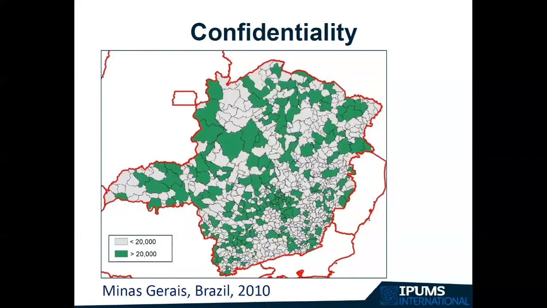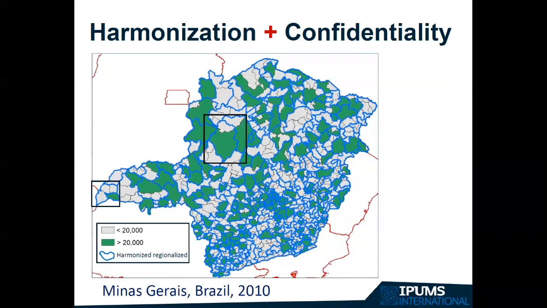So what we do at IPUMS is spatial harmonization to account for boundary changes and then apply confidentiality procedures. In this next map, the blue thicker lines are the harmonized, confidentialized boundaries.